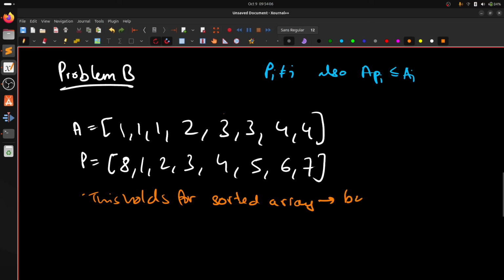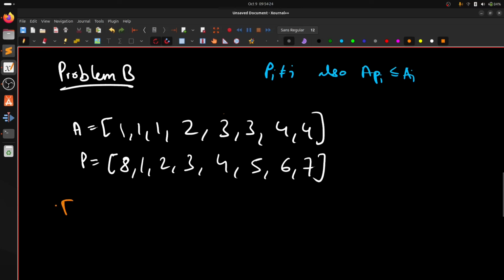But for unsorted also, we can do the same thing basically. All we need to do is for each element, just put the element just before it in sorted order, right?